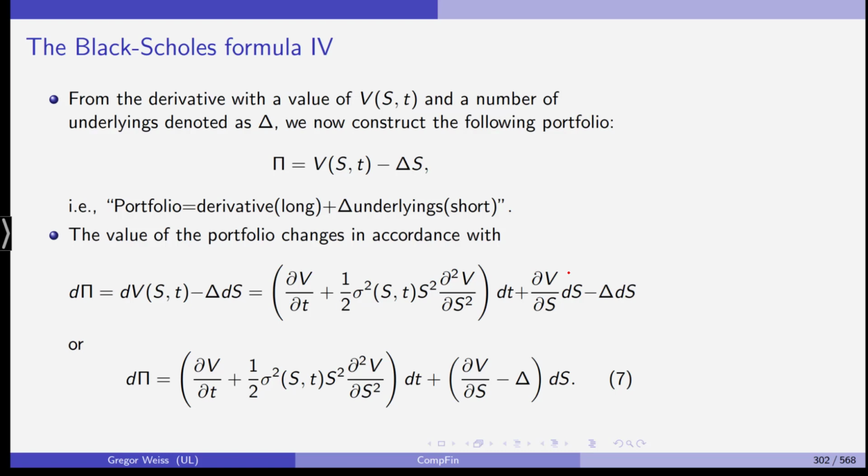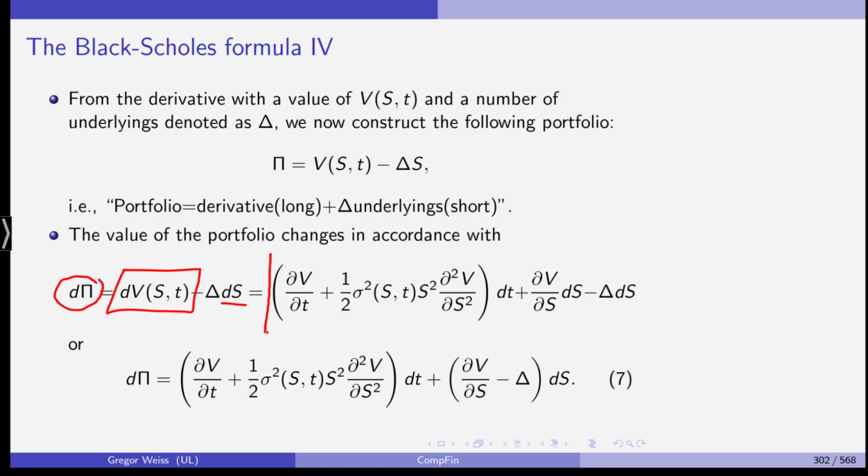We buy the derivative and we short sell delta number of the underlyings. So the change in the portfolio value is given by the change in the option price minus delta times the change in the underlying. And we now know from Ito's lemma that the change in the derivative price is given by this.